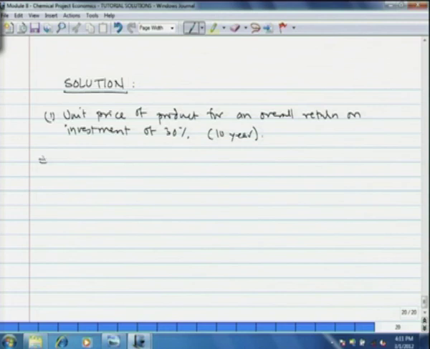Now for this purpose, we have to calculate the average profit per year, and since the production is varying in the first 2 years, it is lesser than the installed capacity, the profit also varies in time. So that point we note.